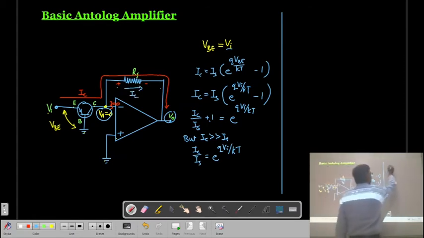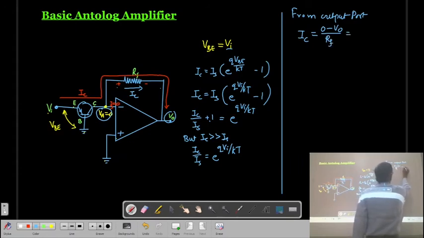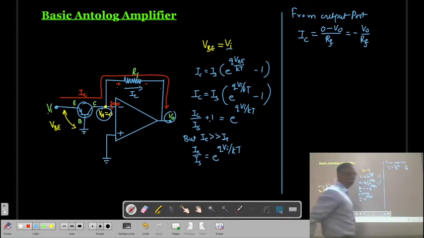So we can write that from the output port we have IC is equal to this potential difference, that is 0 minus VO divided by RF, or you can say minus VO by RF.